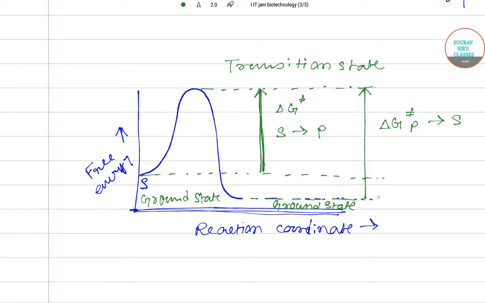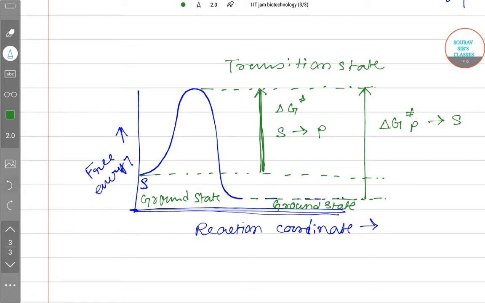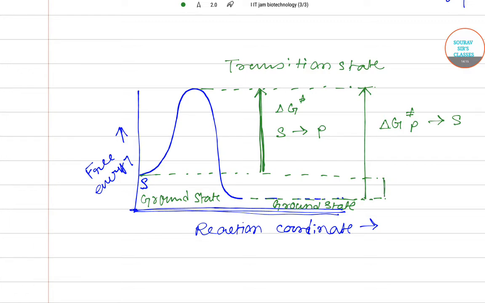And this is the difference, the del G dash degree, that is the change of the free energy during the enzymatic reaction.